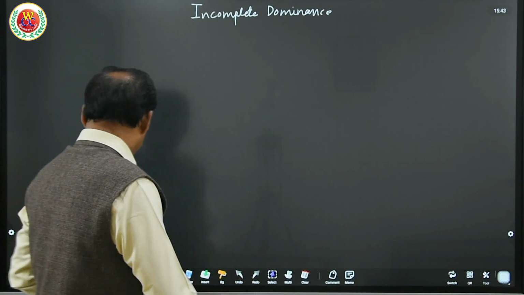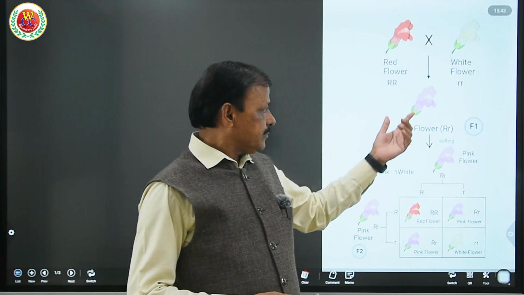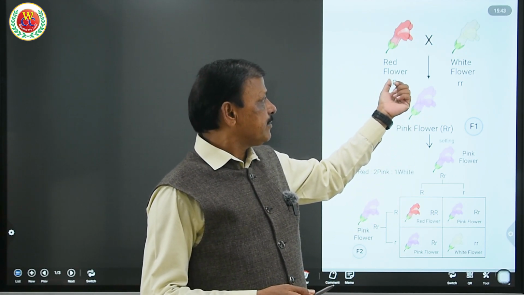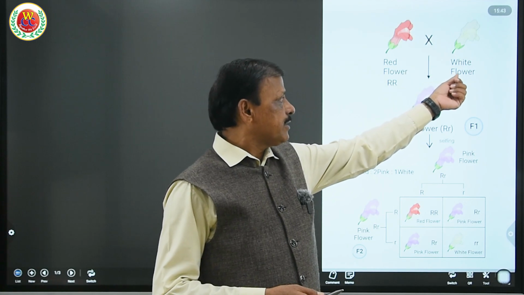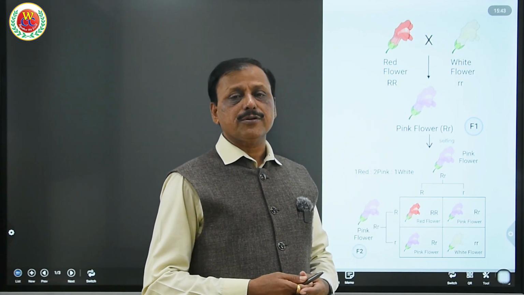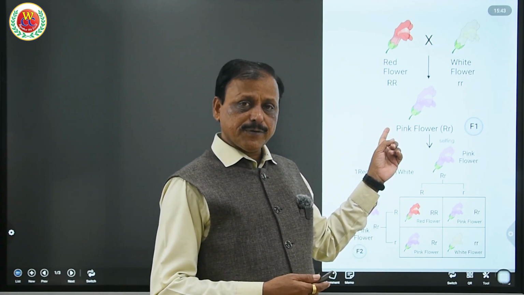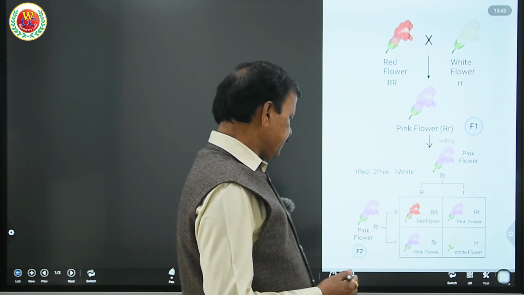Here we have this diagram from the internet that clearly shows a red flower crossed with a white flower, which according to Mendelian law in pea plant would behave differently. Here the example is from another plant called dog flower.